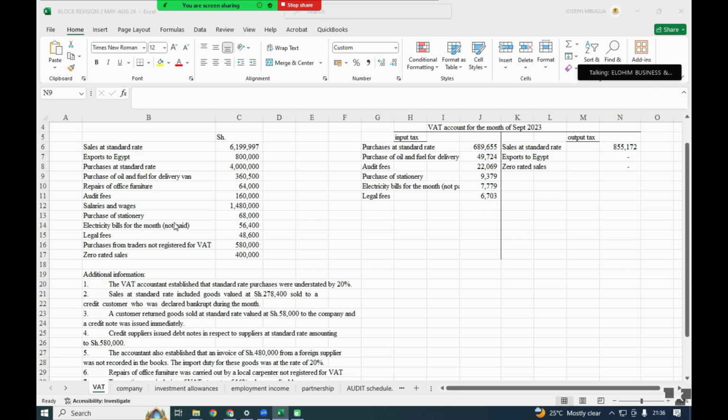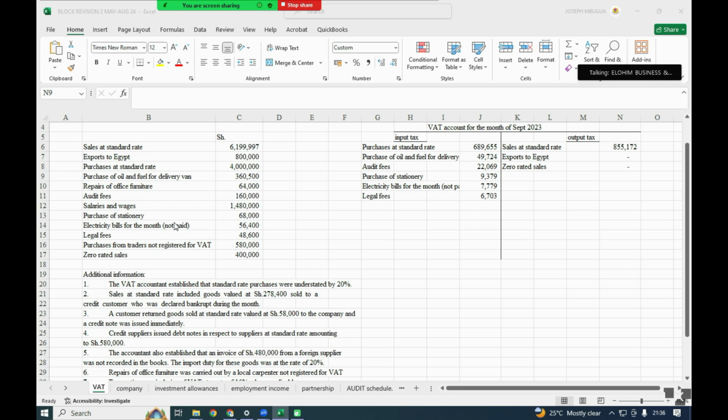Take an example: when you sell on credit, you will charge those customers VAT, regardless of whether they will pay next month. So when you are calculating the VAT for this month, you will include both sales, cash and credit. The same for bills: if you receive the invoice in advance before payment is made, those invoices are supposed to be captured.